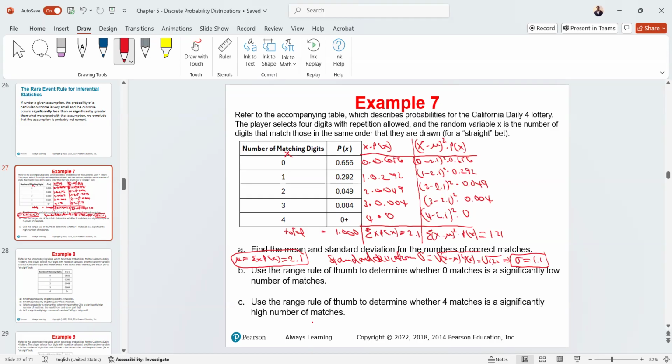We can do it to check if it's significantly high or significantly low. So look, zero matches, right? Use the rule of thumb to determine whether zero matches is significantly low. I mean, what is the standard deviation again? Standard deviation is 1.1 and the mean is 2.1.